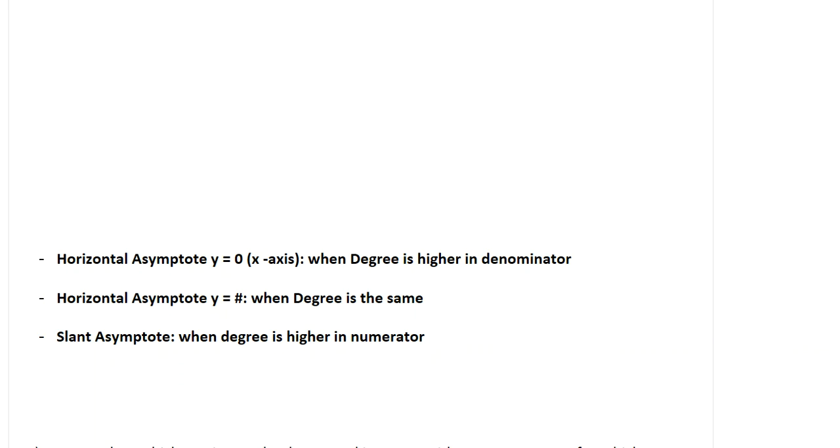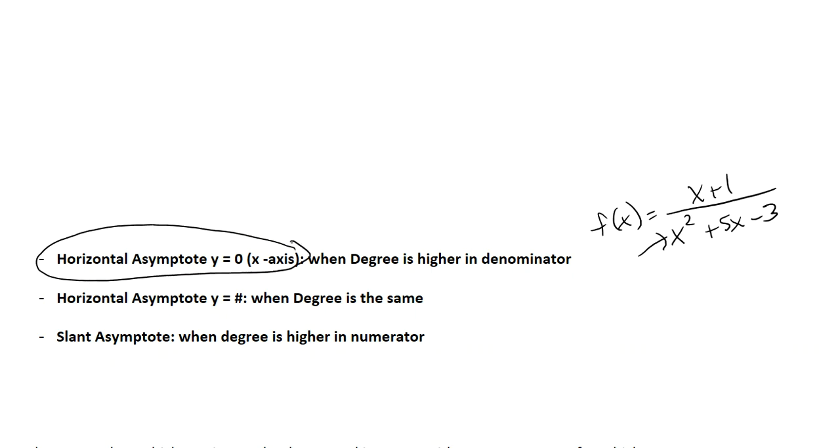So the first thing is, and I'm going to do this backwards than what's written, when the degree is higher in the denominator, there is going to be a horizontal asymptote at the x-axis, or y equals 0. This will save us time, because as soon as I see a higher degree in the denominator, I automatically know there will be a horizontal asymptote at y equals 0.